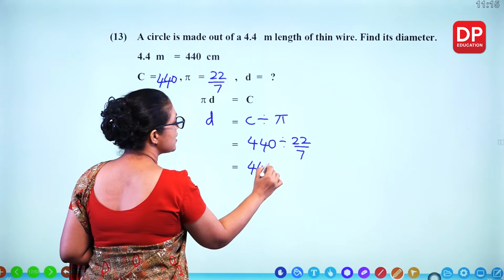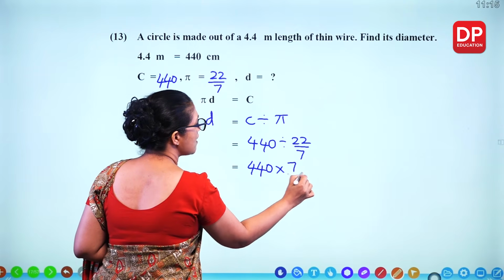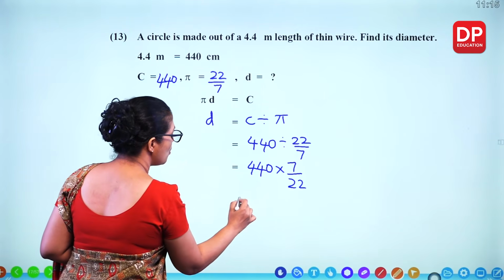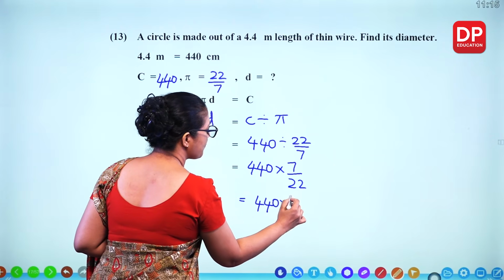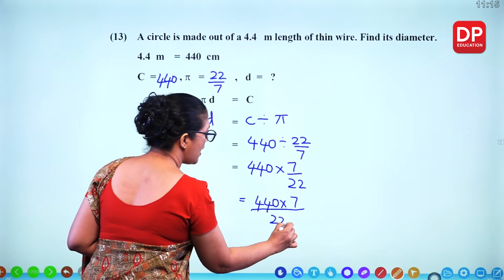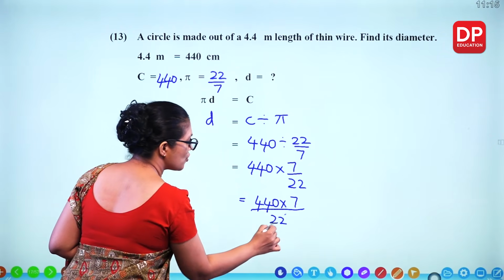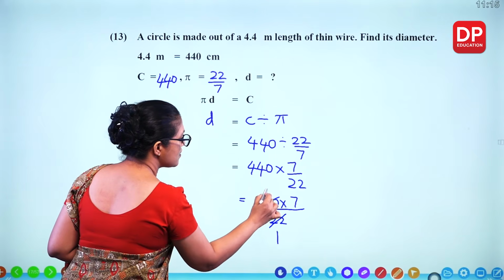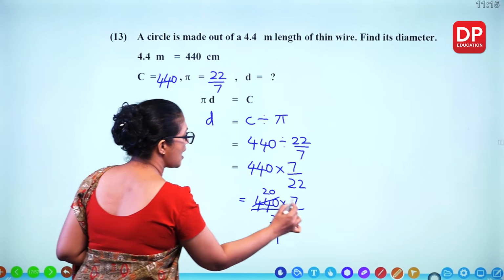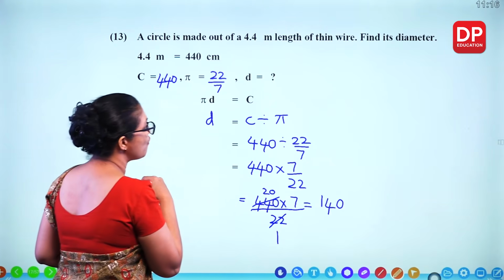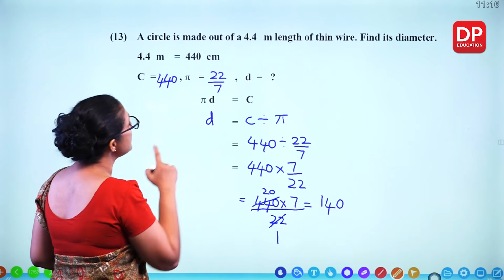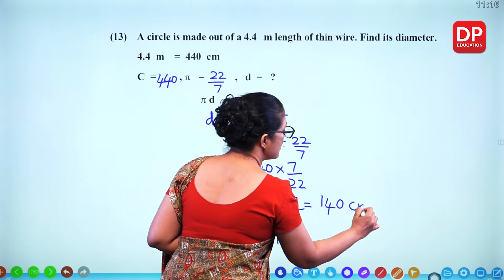So convert to multiplication. We get 7/22. 440 multiplied by 7 divided by 22. So 22 times 1, this is 2. So 20 times 7, 140. What's the unit? This is centimeters.